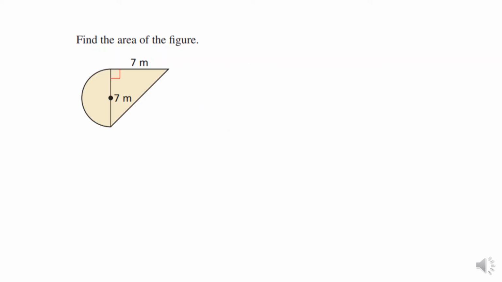Find the area of the figure. So remember, 7 is the diameter. So when we're calculating the circle, the radius is 3.5. Okay, so we're going to do the area of the semicircle. And that would be 1/2 times pi. R is 3.5 squared.